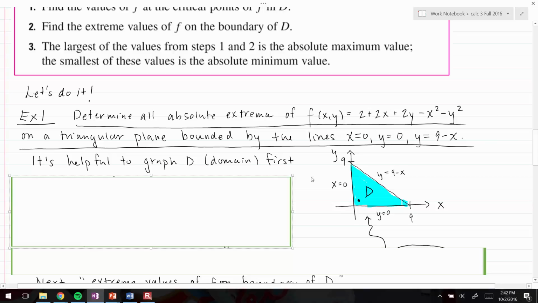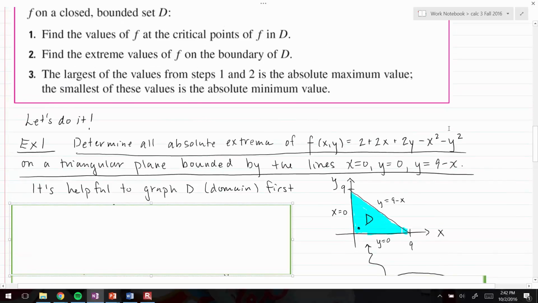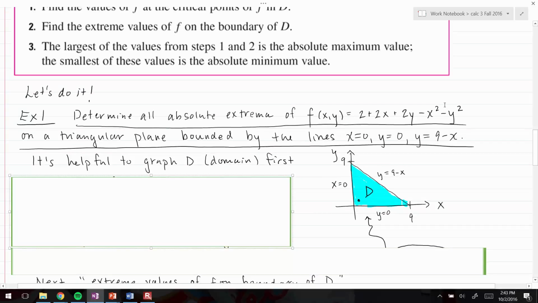The first thing it tells you to do is find values of f at the critical points of f in D. So here we're just going to use the function to find the critical values, and this is what we did in part 1 of this section. Hopefully you remember that that's when the partial with respect to x equals 0 and the partial with respect to y equals 0.